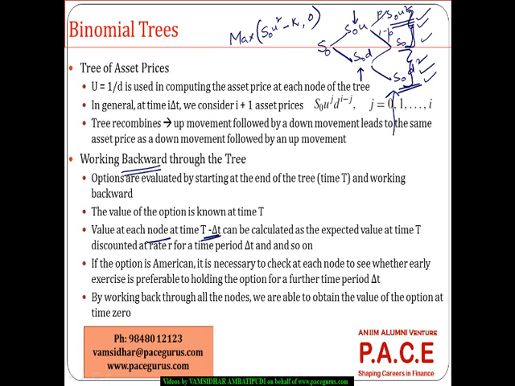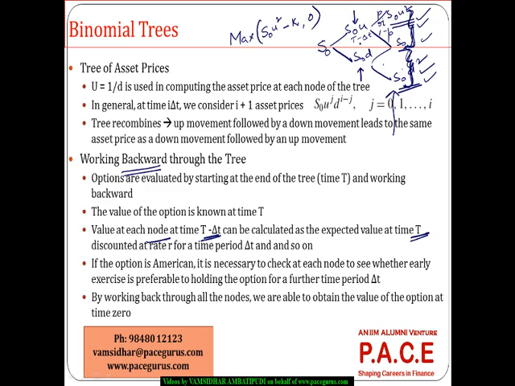I take the expected value at time t and I discount it by the rate r for this time period delta t, so I get the value at t minus delta t. The same logic I apply here: I take the expected value, I discount it by r for a time period delta t, and I get the value here.